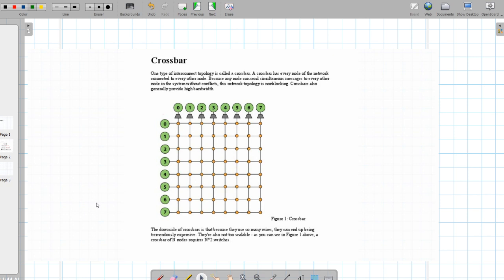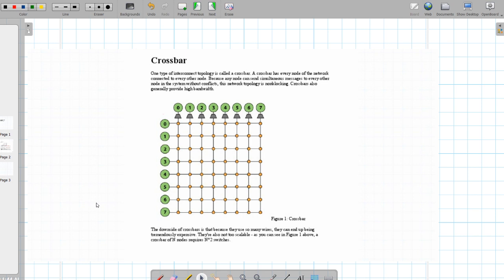So it can easily be inferred that multiple nodes can simultaneously communicate among themselves. There are no chances of conflicts. This topology thus becomes non-blocking.